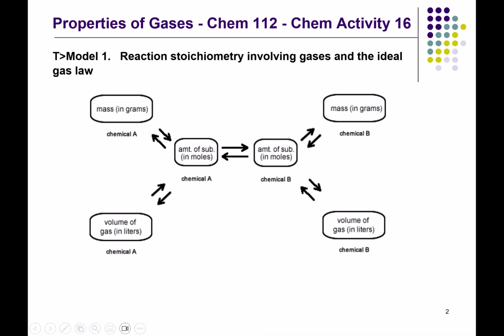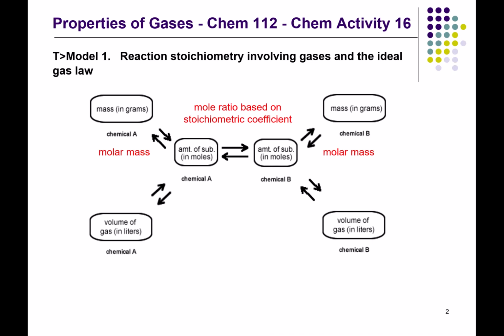Typically, the conversion involves using the molar mass, so mass in grams to the amount of substance. Or once we know the amount of substance of chemical B, we can use, once again, the molar mass to determine the mass of chemical B produced. As mentioned, we make use of the mole ratios based on the stoichiometric coefficients.